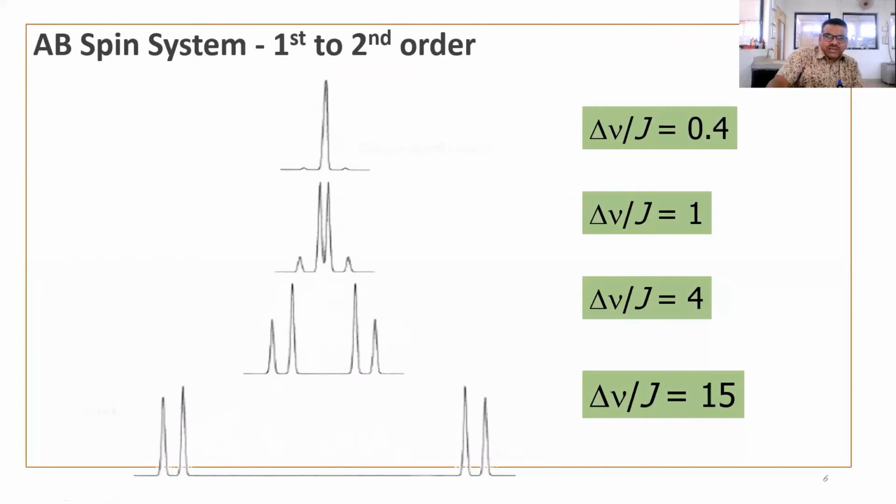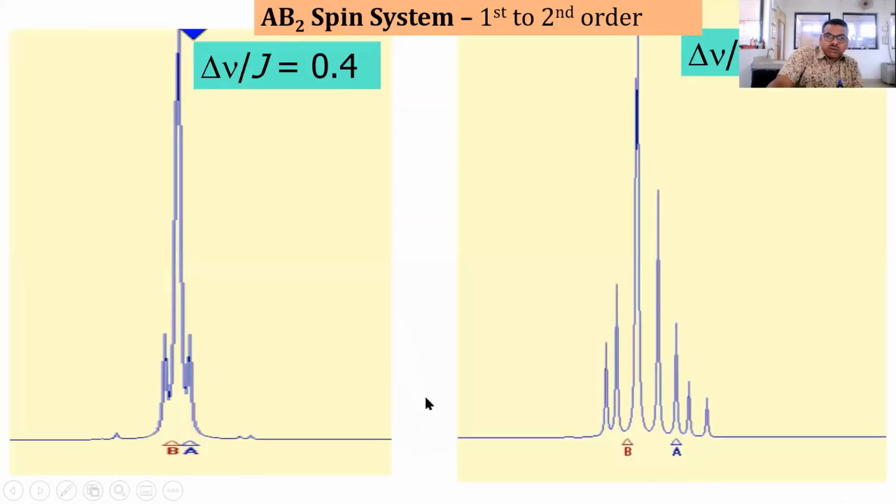So initially the first case shows first order, and the third and fourth show second order peaks. Look at this once again, the AB spin system, where first order and second order spectra are observed.